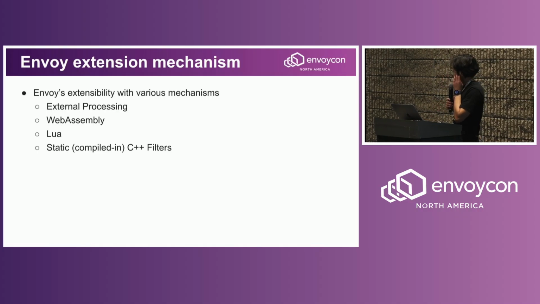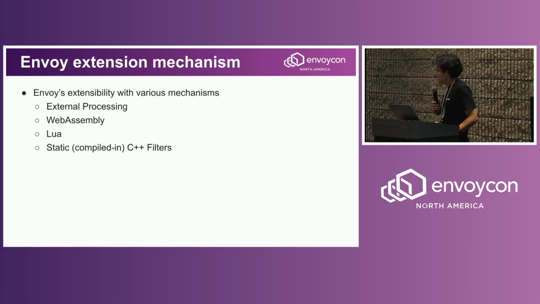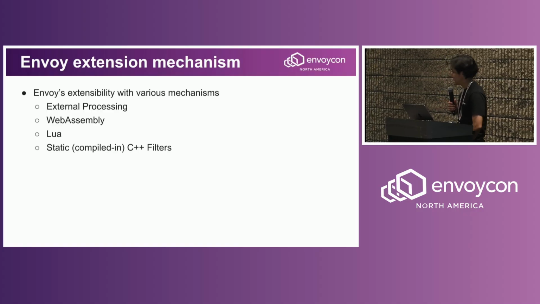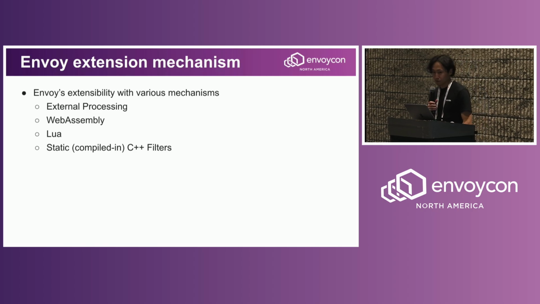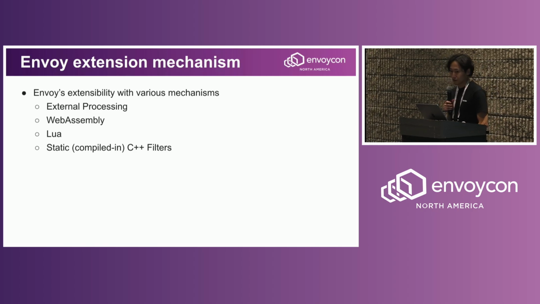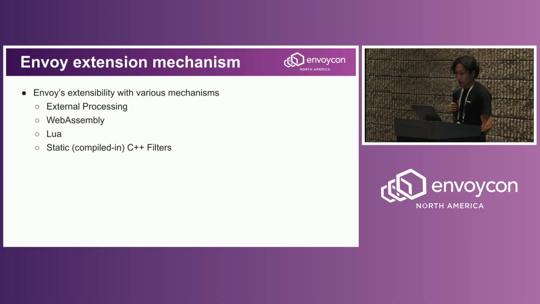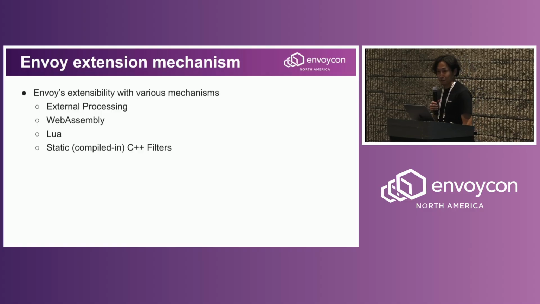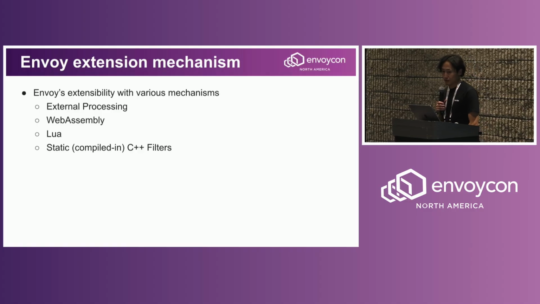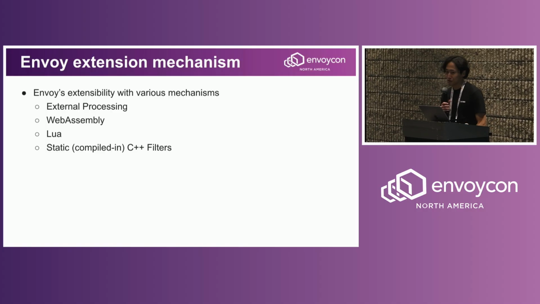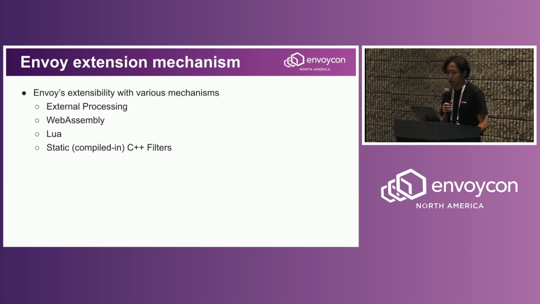So we have a few mechanisms, of course. We have external processing, which we are using in a lot of projects. For example, we are using it in the Envoy AI Gateway project too. It's battle tested. Everyone is using it. And also we have WebAssembly for sandboxing use cases, like when you want to deploy untrusted binaries or untrusted extensions on your own infrastructure.